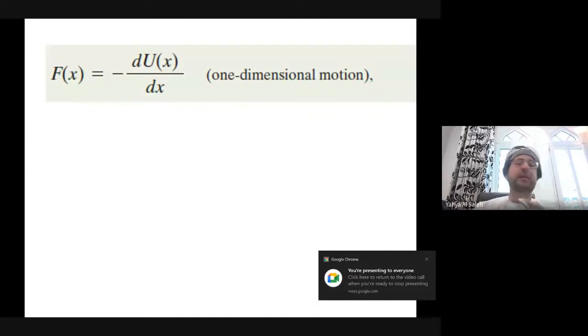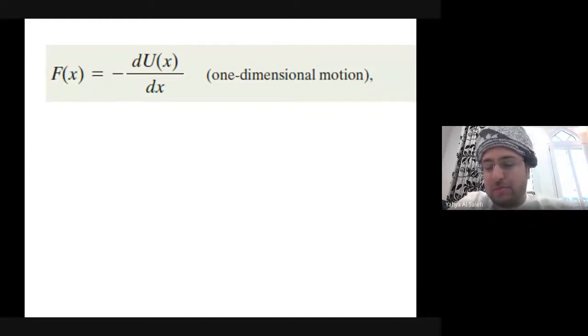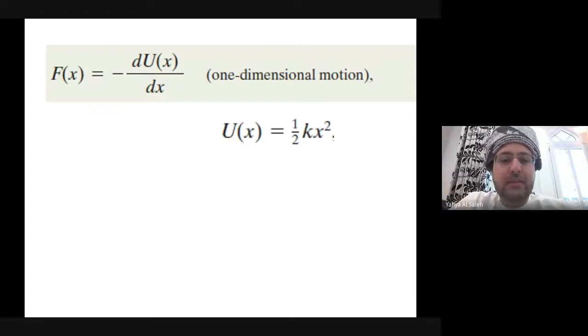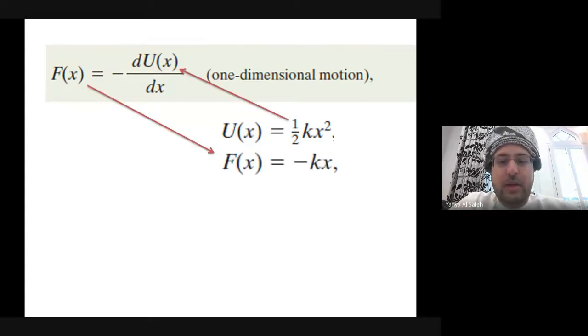Okay, so for one-dimensional motion, F of x equals minus dU by dx. Let's take the example of the potential energy of a spring, half kx squared. What will I end up with for F of x?